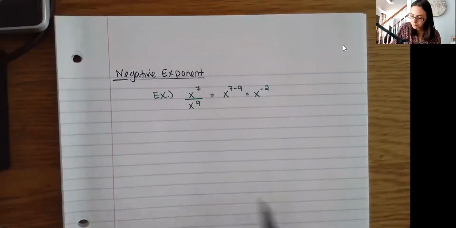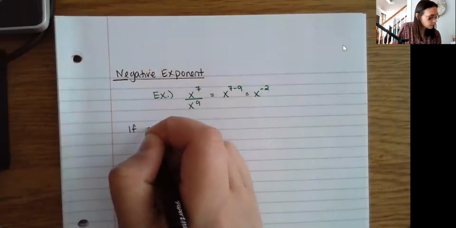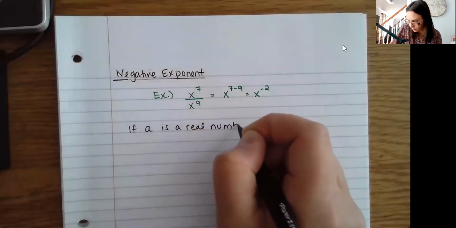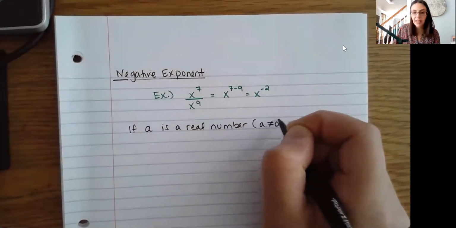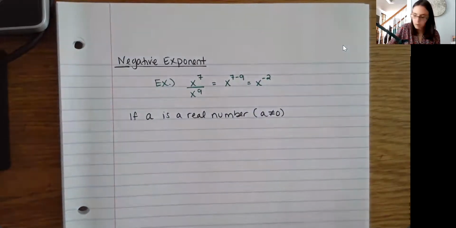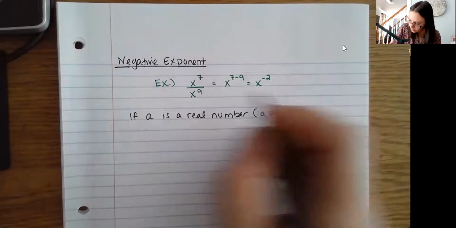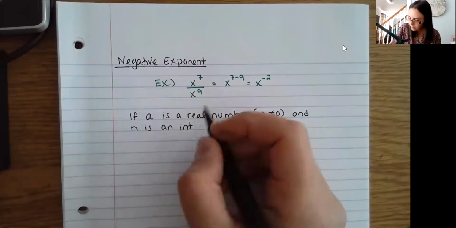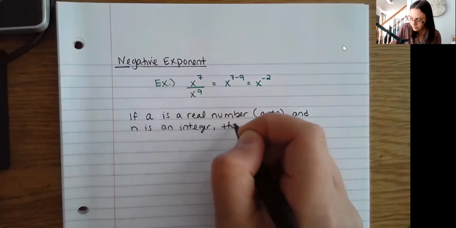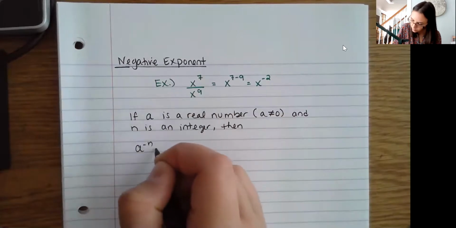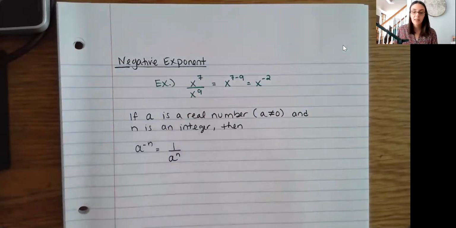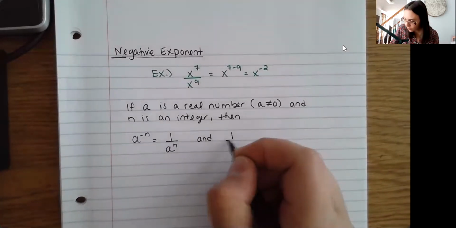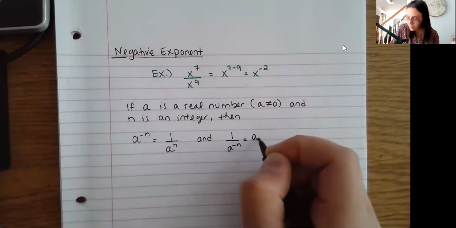Okay, so again, if a is a real number that's not 0, and n is an integer, then a to the negative n is equal to 1 over a to the n, and 1 over a to the negative n is equal to just a to the n.